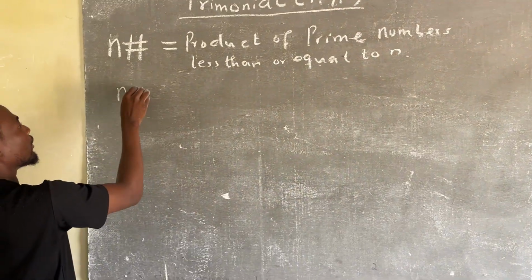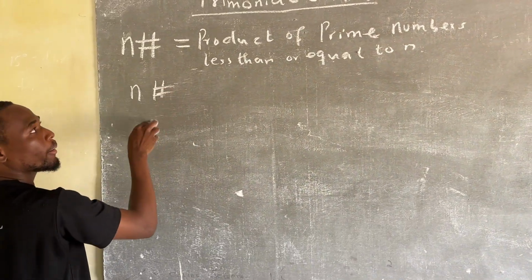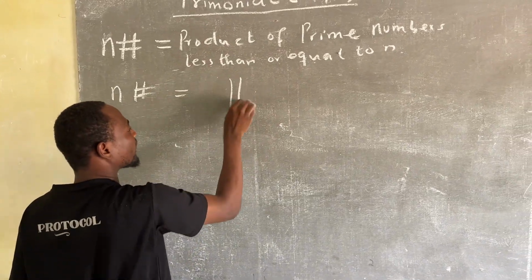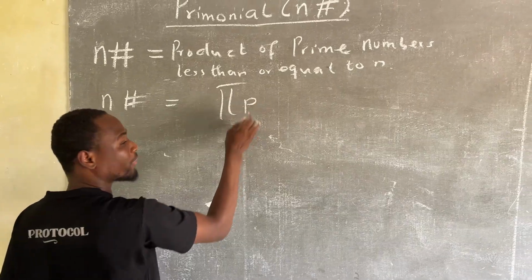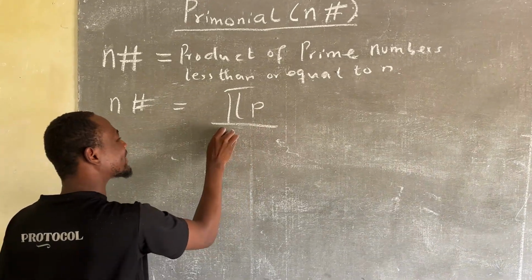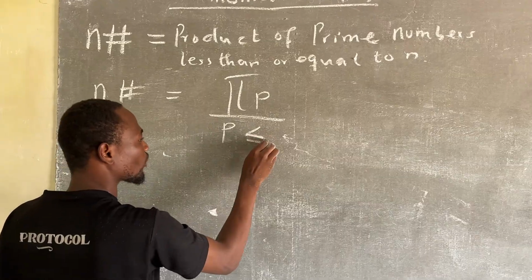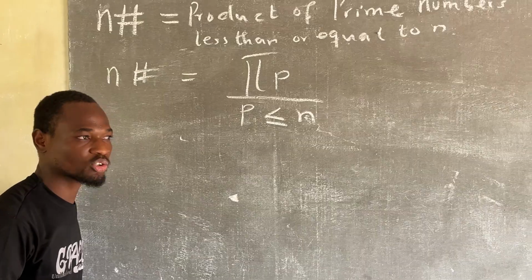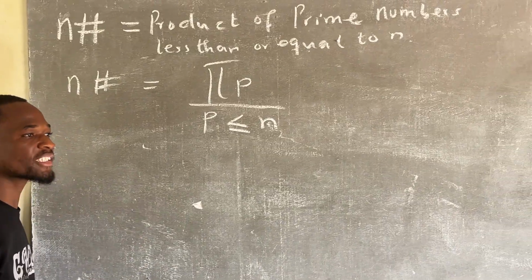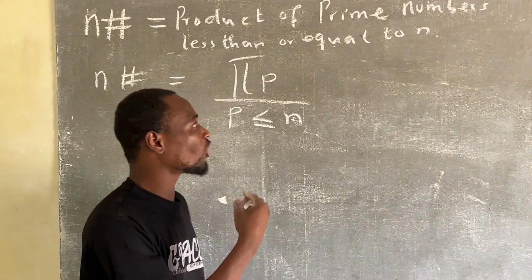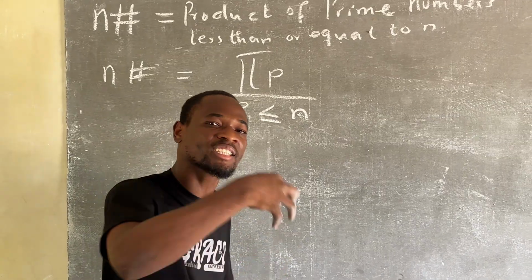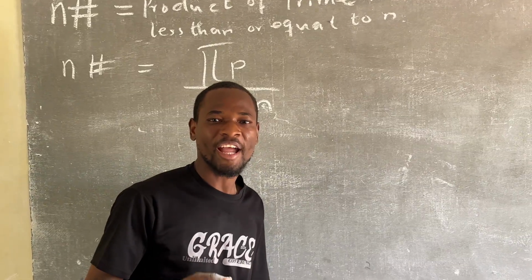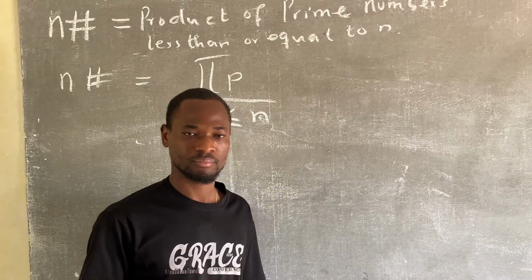In essence, primorial is just the product of the prime numbers which are less than or equal to n. As simple as that. So this is just the notation. The application of this is extensively used in number theory and cryptography.